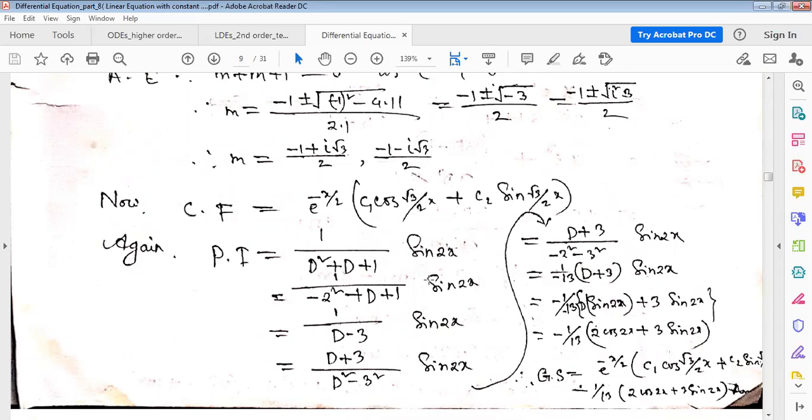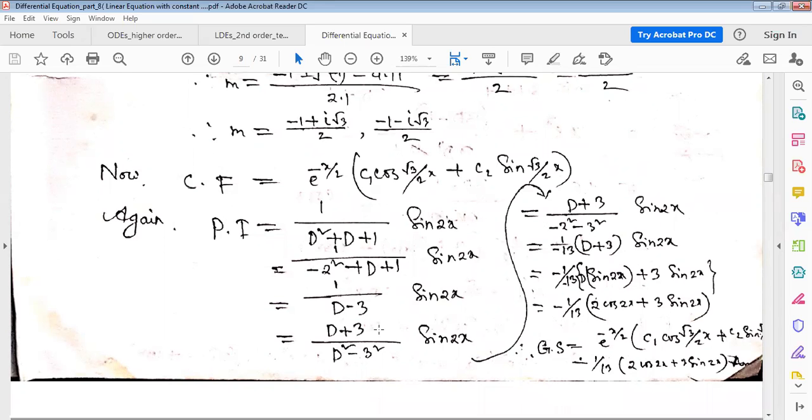Here the x coefficient is 2 only, so replacing D square by minus a square, that means minus 2 square. Understand? Just replacing D square equal to minus 2 square, so it becomes 1 by D minus 3, right?